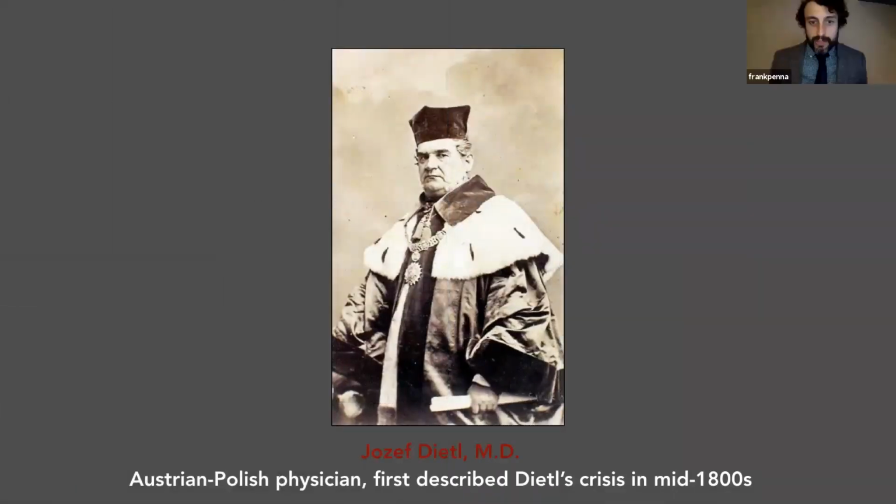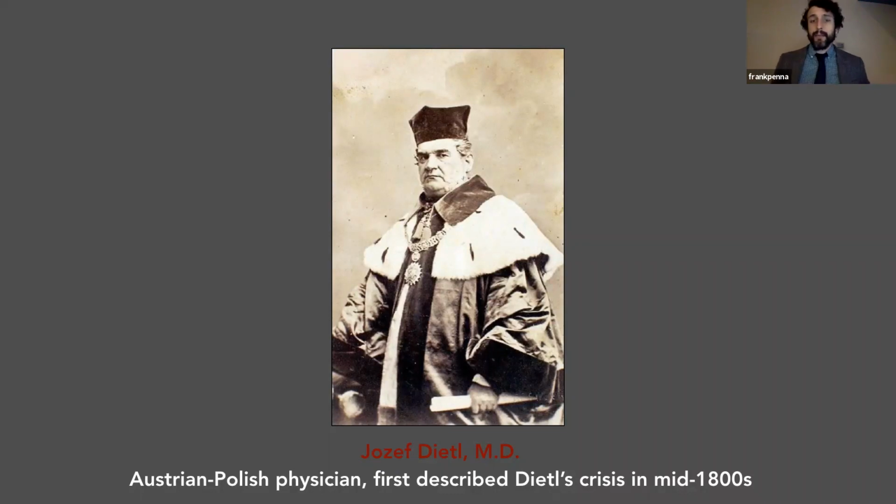This is Joseph Dietl, an Austrian-Polish physician who described something called Dietl's crisis in the mid-1800s. Dietl's crisis is the pain episode a patient gets from an intermittent UPJ obstruction, typically from a crossing blood vessel.